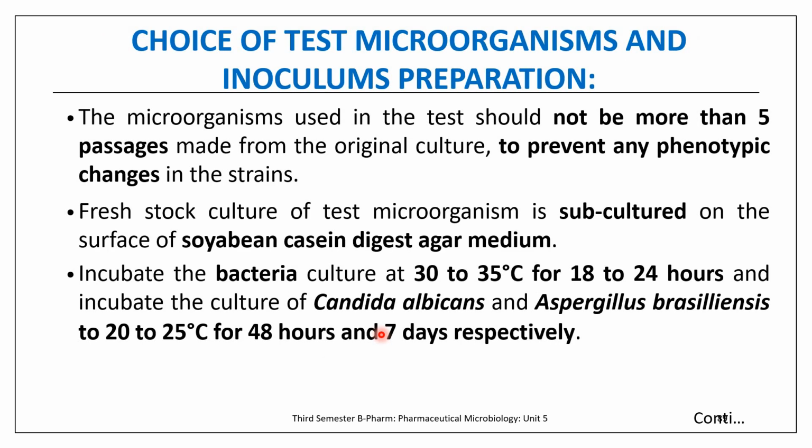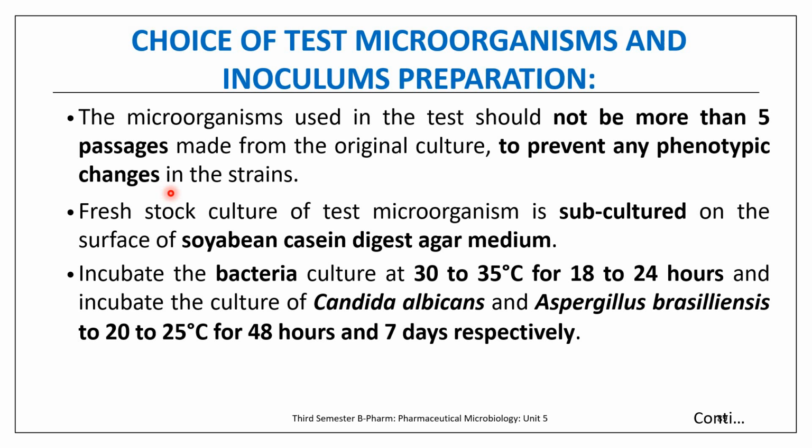Now coming to the preparation of inoculum. So we have mentioned the name of different microorganisms. The inoculum should be prepared in such a manner that it is not more than 5 passages. What we usually do is, once we purchase a microorganism from a supplier, we subculture that.